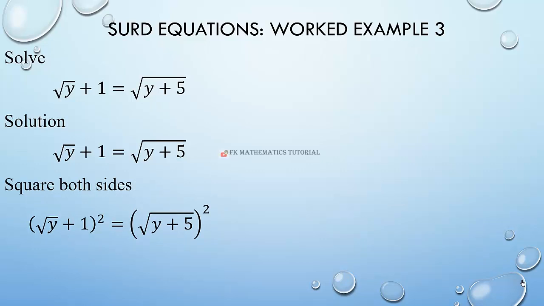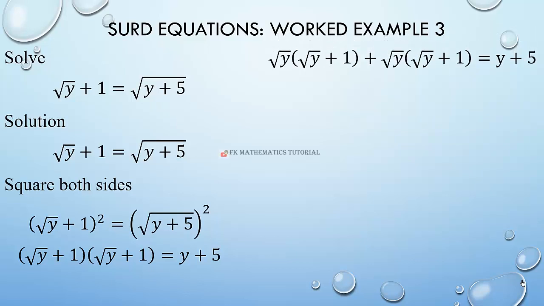Now we use expansion to simplify the left hand side. Notice that when you square something, it means that thing times itself. The square takes care of the square root on the right hand side.